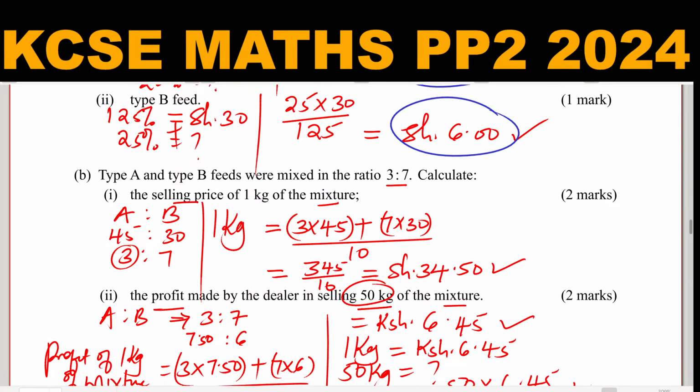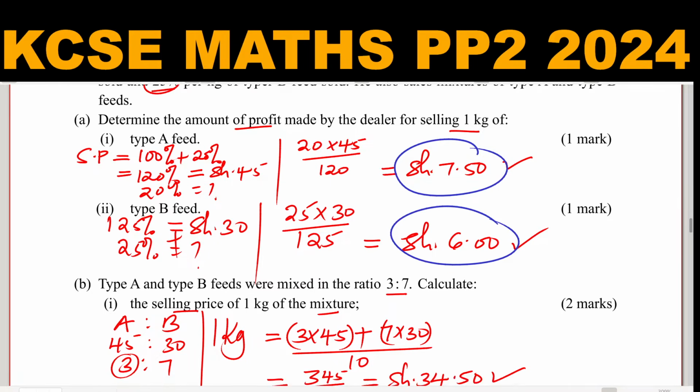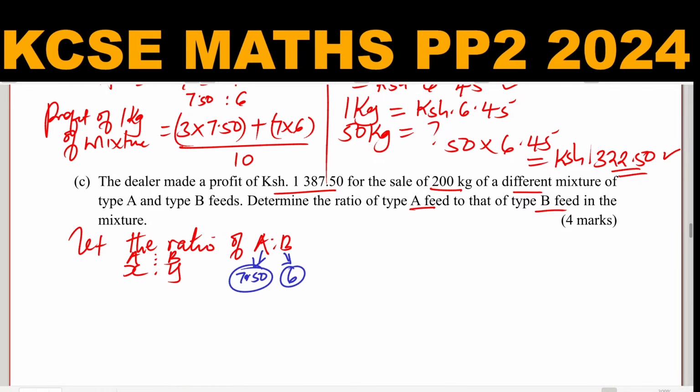Just take from part 1, you can see profit for type A feed 7 shillings and 50 cents, type B 6 shillings. What we don't have now is the ratio, and we let the ratio be represented by X is to Y.